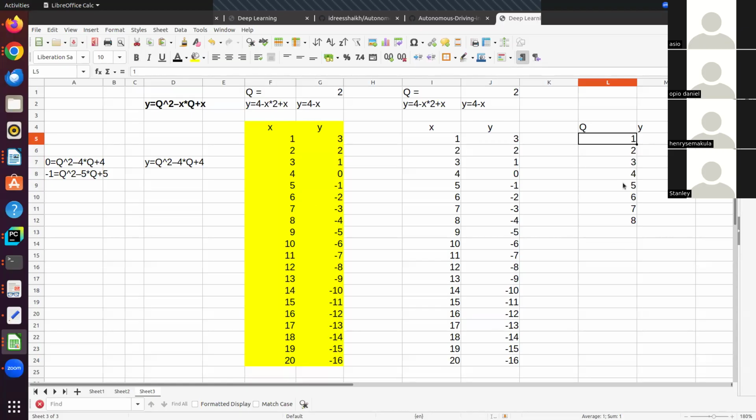What is this one? It's q squared, meaning take this one, power 2 minus 4 times q plus 4. Okay, you get now a parabola like this one.